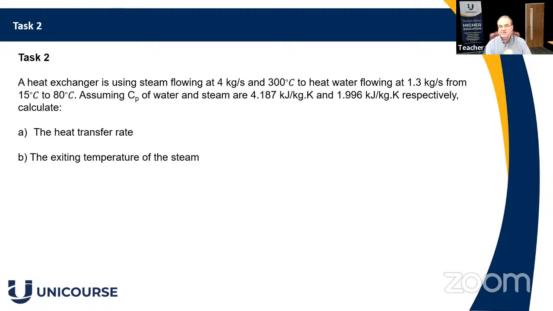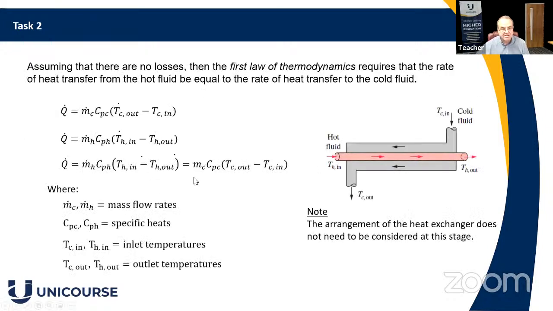Assuming the specific heats of water and steam are given as 4.187 and 1.996, calculate the heat transfer rate and the exit temperature of the steam. Now, we're not going to do the theory on this, but we'll try and push you in the right direction to get you started.